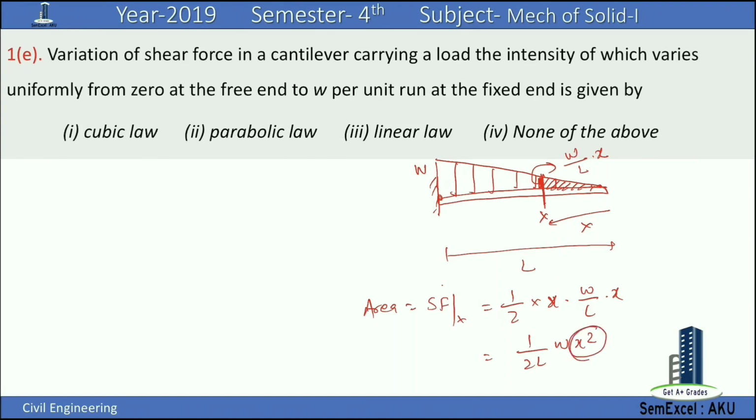So here we are getting a parabolic variation. So option B is the correct option, that parabolic law will be there.